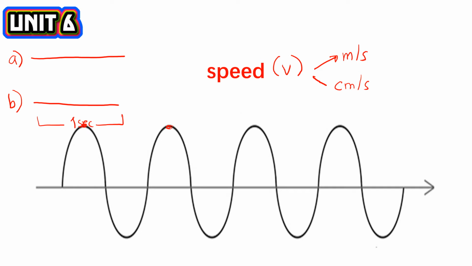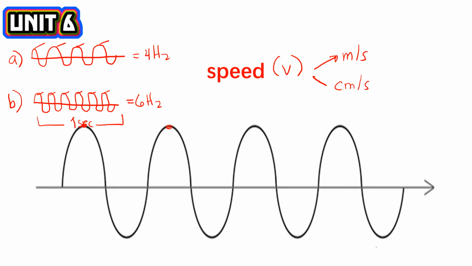In A, we have 1, 2, 3, 4, so it's 4 hertz. In B, we have 1, 2, 3, 4, 5, 6, so 6 hertz. As you observe, the wavelength of the 4 hertz wave is bigger or wider compared to the 6 hertz wave.